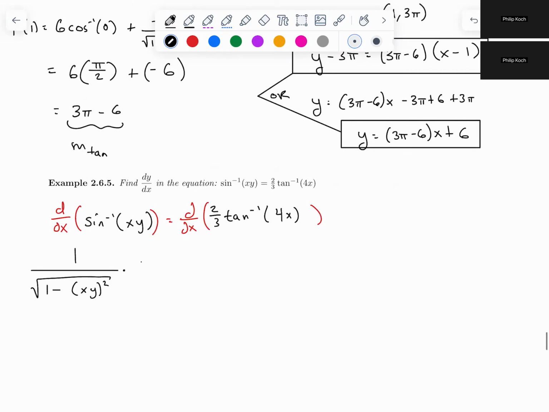So this is times d dx of xy equals tangent inverse's derivative, which is 1 over 1 plus x squared, but this is not tangent inverse of x. This is tangent inverse of 4x. So this should be 2/3 times 1 over 1 plus the quantity 4x squared times 4.